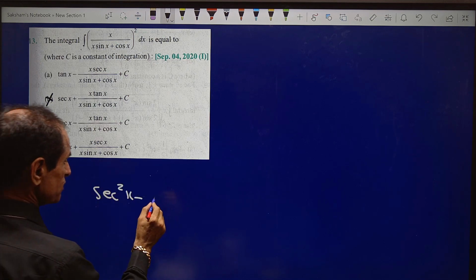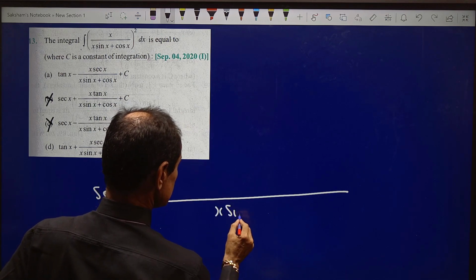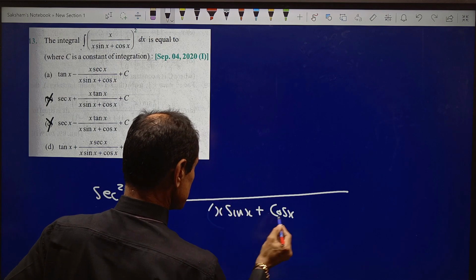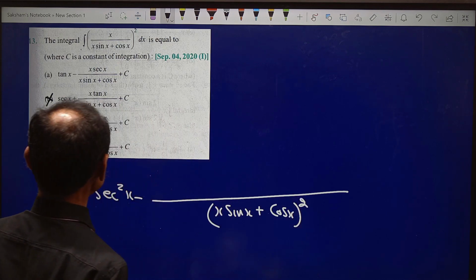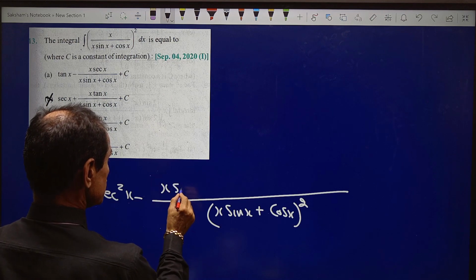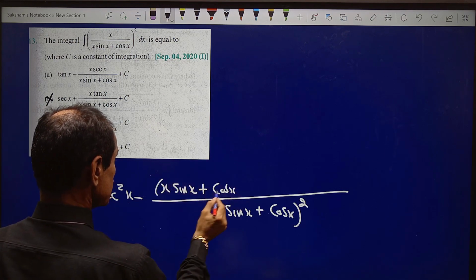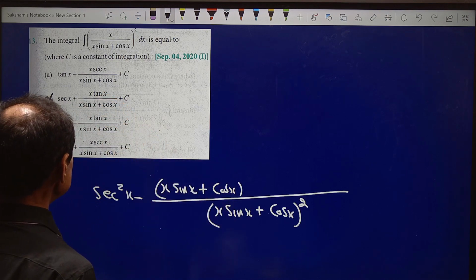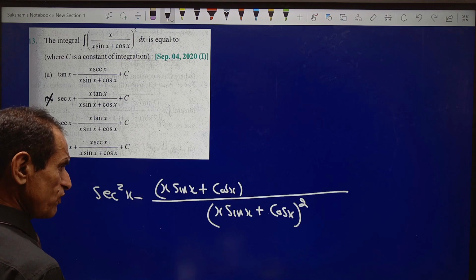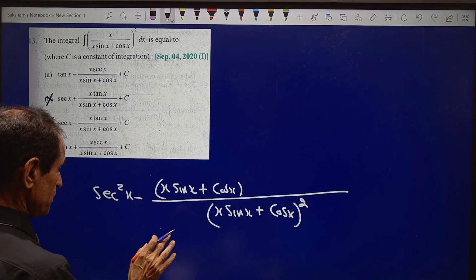I will get the answer secant square x minus x sin x plus cos x whole square, and here I will be getting x sin x plus cos x into the derivative of x sec x. Don't worry, it's not going to be lengthy. Just see my steps.